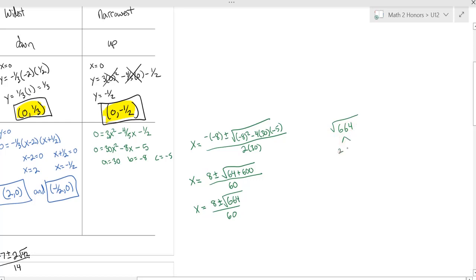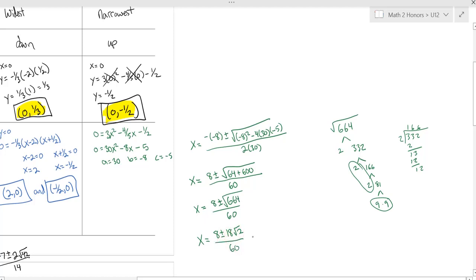So that's going to be 2 times 332, 2 times 166, 2 times 83. So we got a pair of 2s. We're left with a 2. So that's going to be x equals 8 plus or minus 18 root 2 over 60.